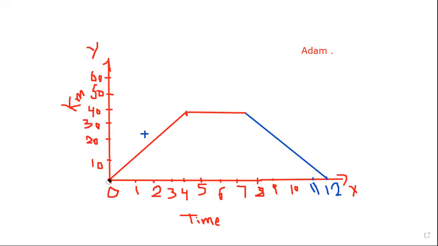In this case, we said that he left home, and then he stayed in Cairo for a while, and then he went back to his home again. So the negative slope in this graph means that he went back to his home. Did you understand me?